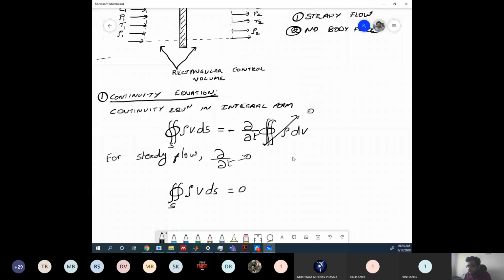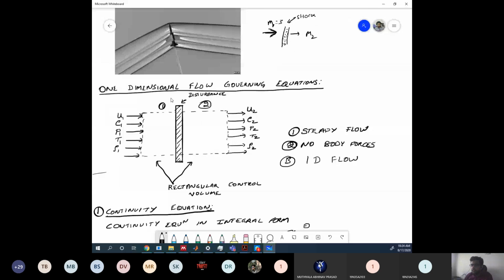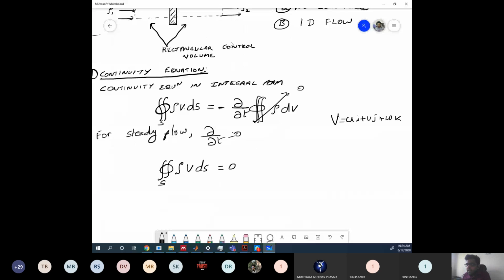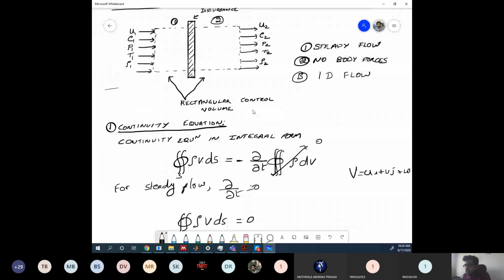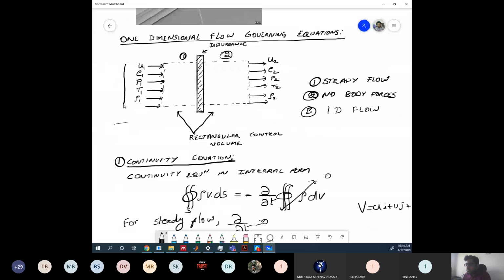We'll assume that the flow is one-dimensional, 1D flow. That is our target: we are trying to bring the one-dimensional form of the continuity equation. That means only U will be there; the other parameters will not be there. Obviously, this region will have an area: this region will have area A1, and this region will have area A2.